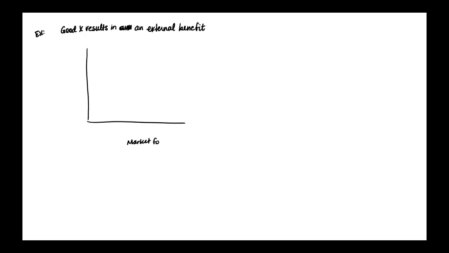So we've got the market for good X. Downward sloping demand curve, and we're just going to keep it simple. It doesn't really matter so much in this case, but let's look at a horizontal supply curve. So we're assuming constant cost. It just makes graphing the instrument a little easier. So again, we know that the market is going to operate at Q0 and P0.